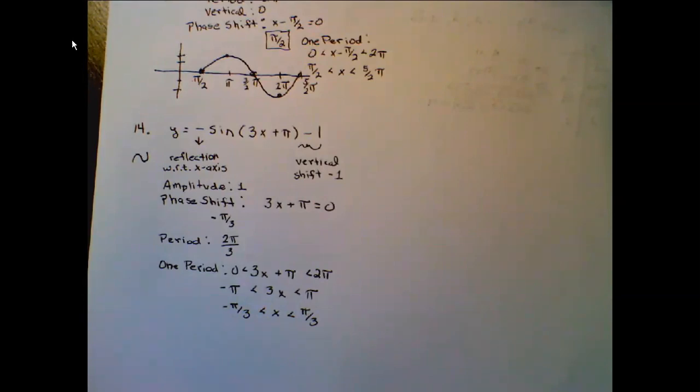Somebody say 2/3 pi. 2/3 pi. Yeah, pi over 3 minus negative pi over 3 is 2/3 pi.